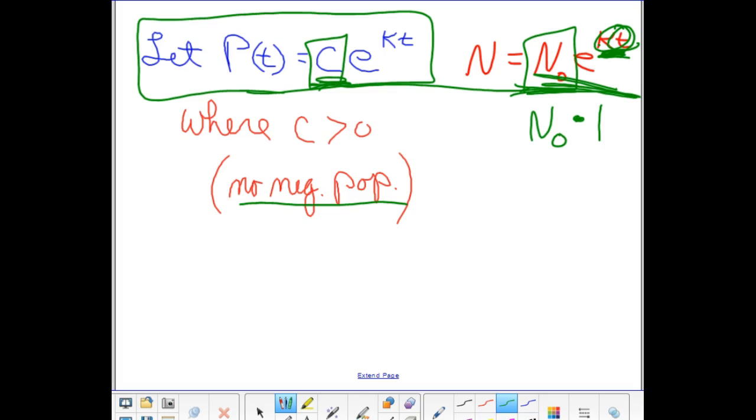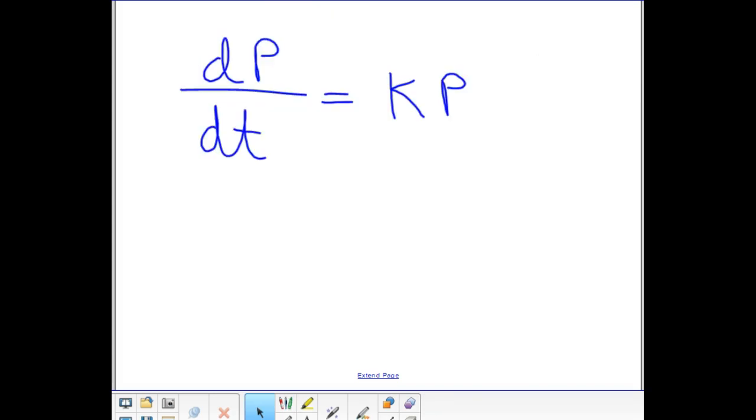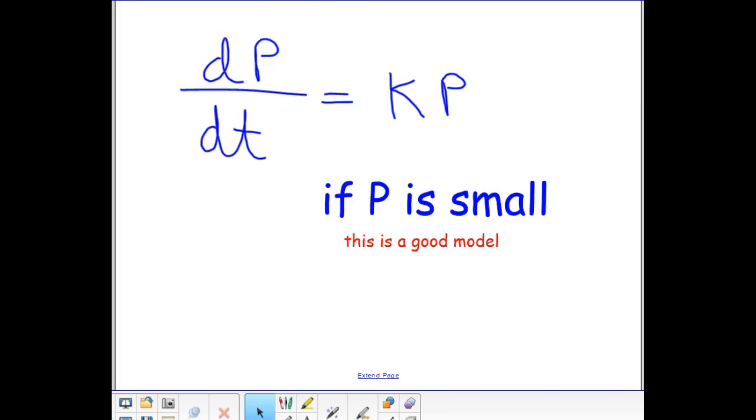The bigger the population, the faster the growth. Now, that idea works really well, except in real life. In real life, that doesn't work so well always. It works well when the population is small, but for larger populations, it doesn't work so well.